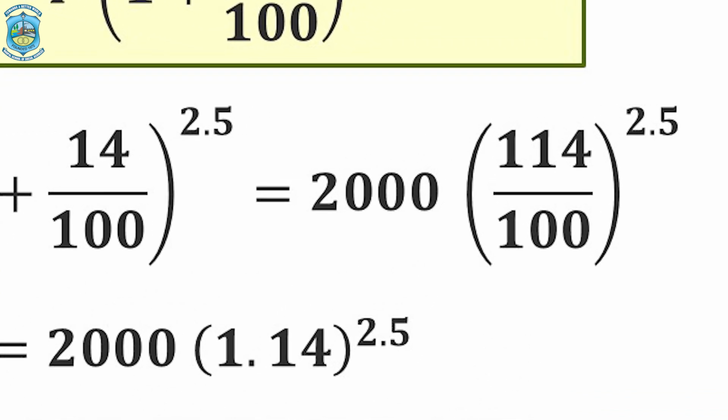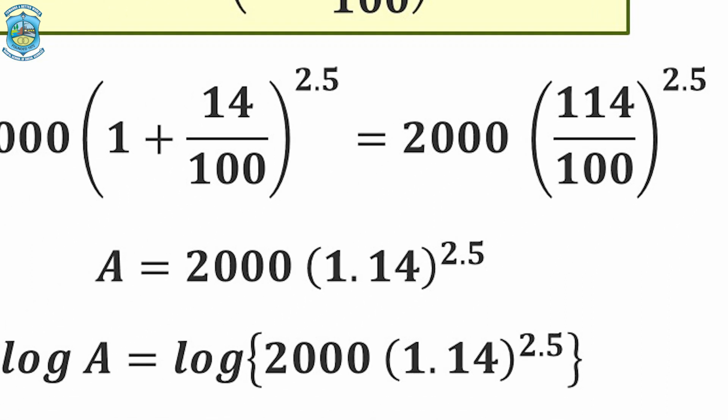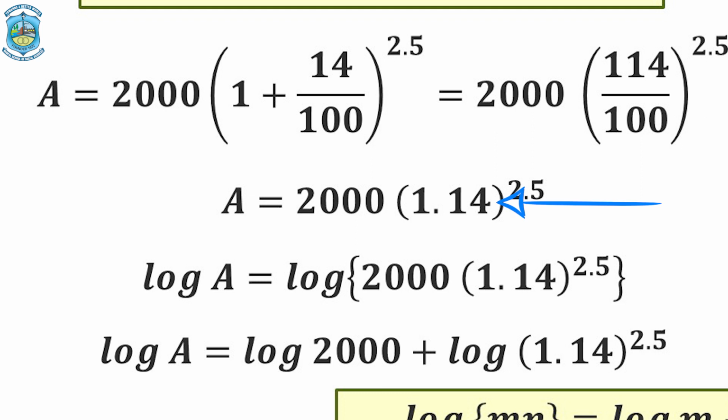First, we simplify the term within the bracket by taking LCM. So, the term within the bracket is 114 by 100, which is equal to 1.14. We substitute this value and get A equal to 2000 multiplied with 1.14 to the power 2.5.